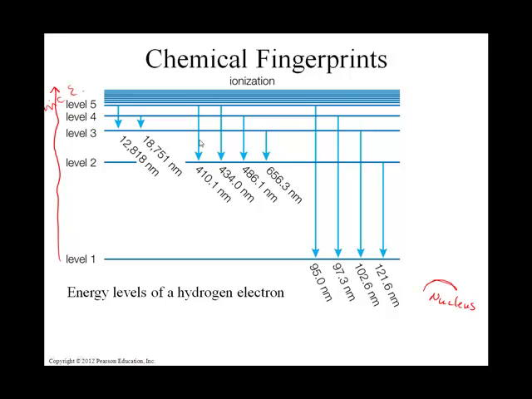An electron, for instance, can fall from this level 3 to this level 2, and if it's falling, it will emit energy at that wavelength. If it falls from here to here, it will emit light at this wavelength. You get the idea. These would be transitions. Falling from here to here, notice that the wavelength is a lot longer. You see that?